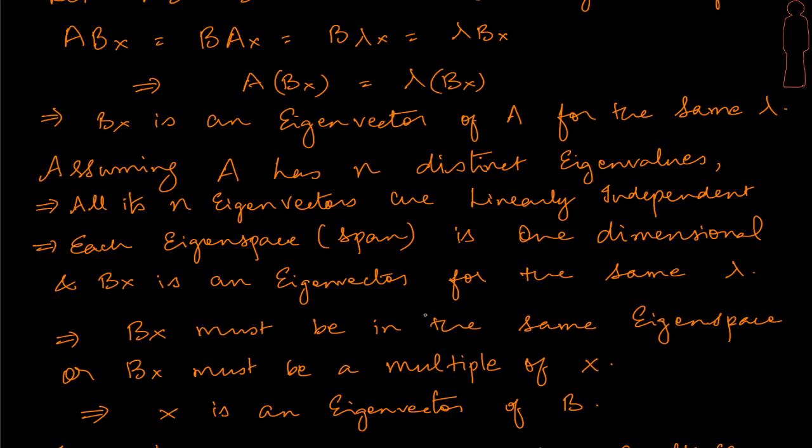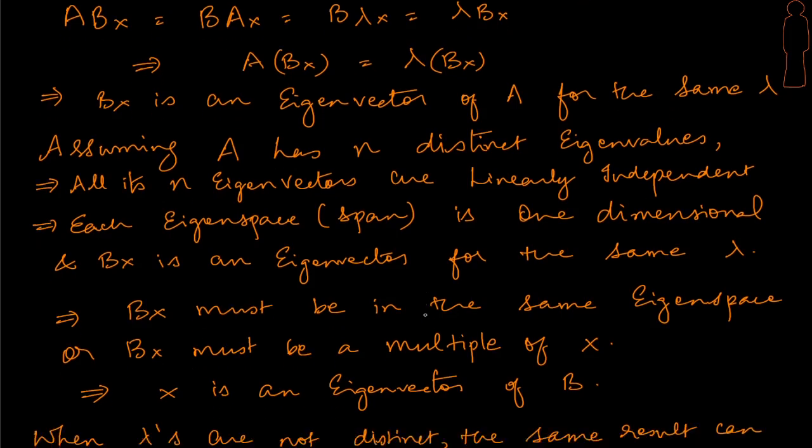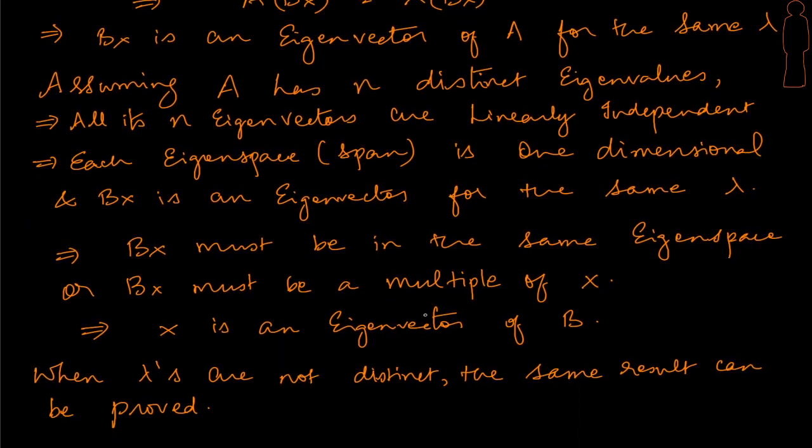But that proof may involve algebraic and geometric multiplicities and eigenspaces, and we are not going to dwell too much into that topic, and therefore that part of the proof we are going to call out of scope with respect to the amount of linear algebra that we are looking at, and we are going to exclude that part of the proof.